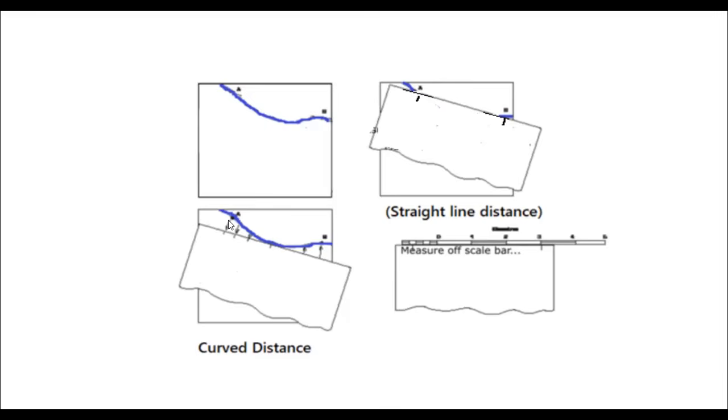Or you might be asked to find the curved distance, which means that you're going to have to take your paper and you're going to have to move it around the curve, to ensure that you get all the different straights on the curve. You're marking them on your paper, and then you place the paper on the linear scale and you do your measurement.